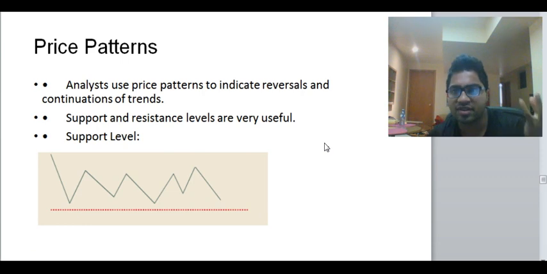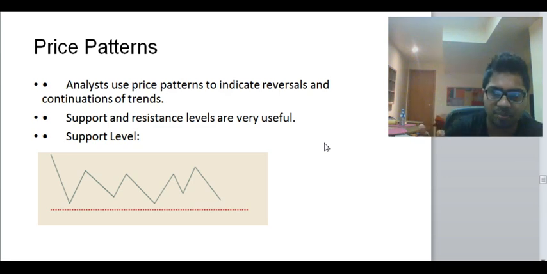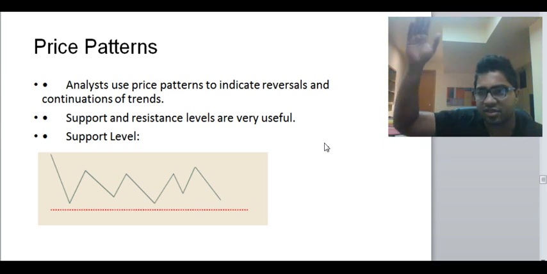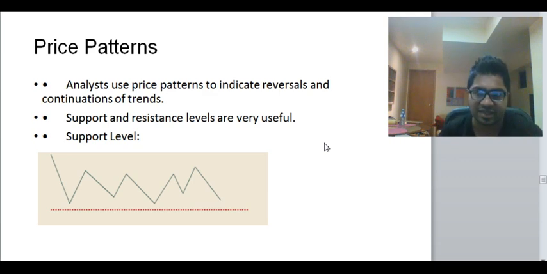Support is a price point at which the buying activity in the stock increases. Since the buying activity increases, demand increases. As the demand increases, the price increases. So support is a point at which, when the stock reaches that point, demand increases and the stock price starts to rise.